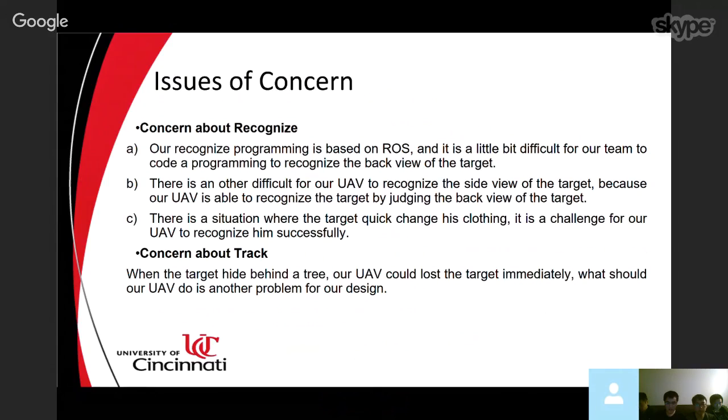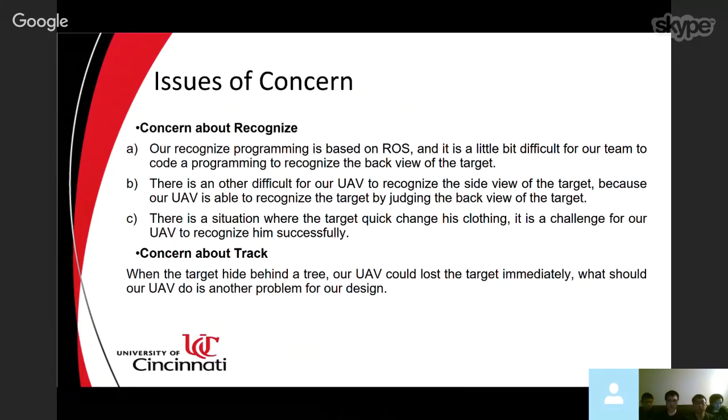As we can see in this PowerPoint, our objective is to recognize the back view of the target based on ROS, and it might be a little bit difficult for us to achieve. And the second issue of concern we might meet is recognizing the side view of the target, because our UAV recognition is based on recognizing the back view of the target.